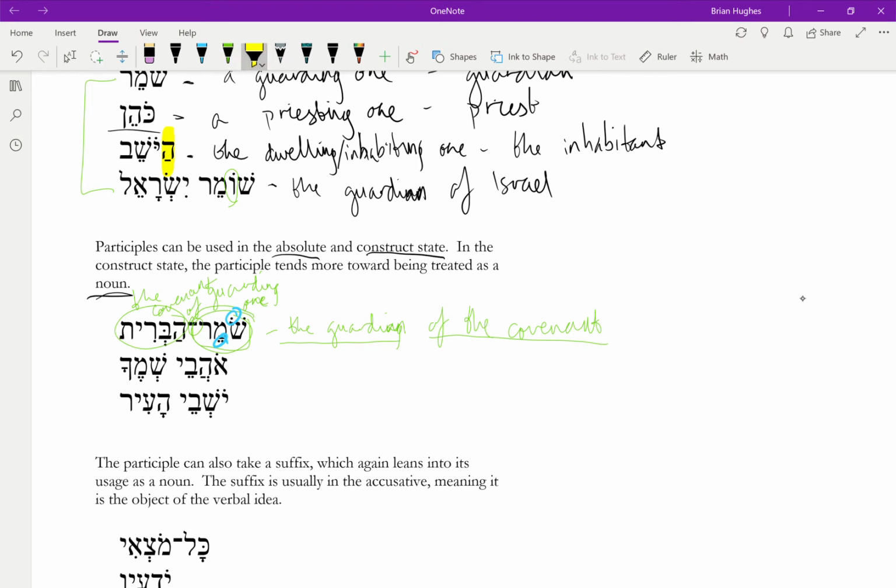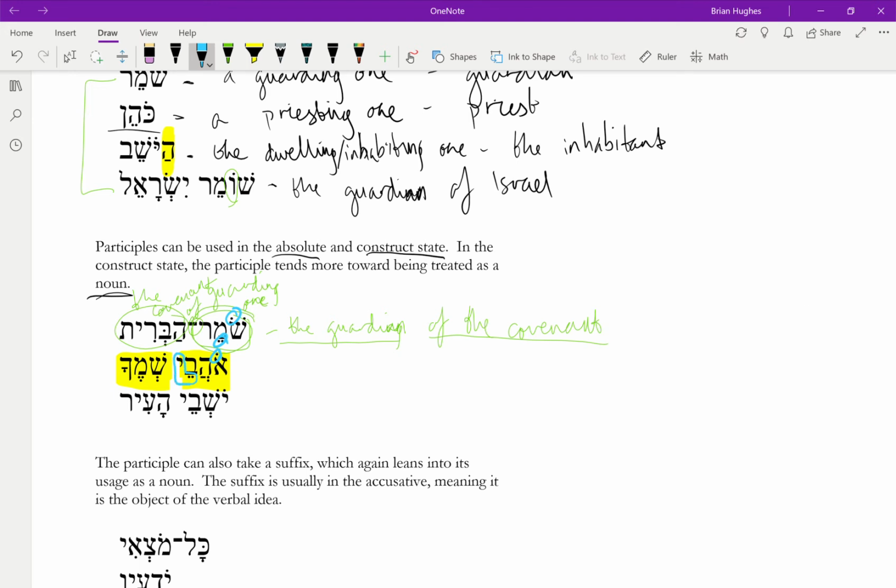This next one is ochave shemecha. This is again from the Psalms. So ochave, we have, right, our o. So we got a participle that's here, and then we have the masculine plural construct ending on it.